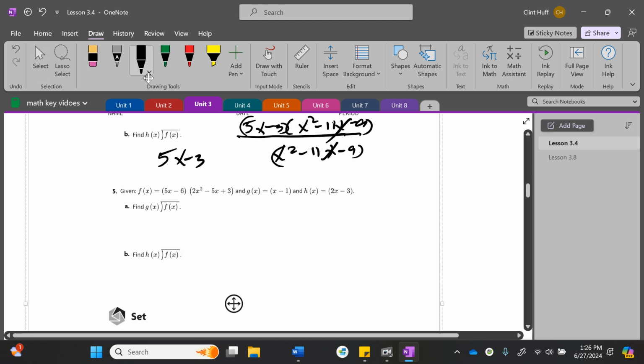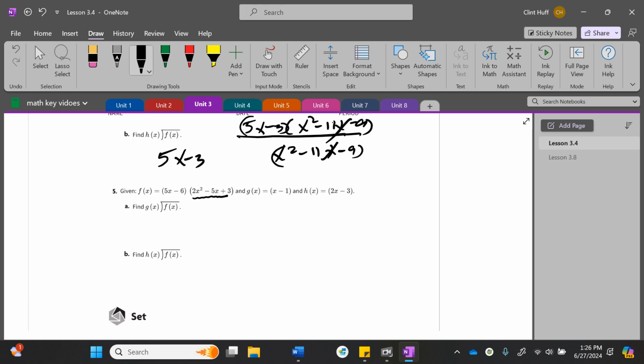Now on the next two problems, what we have to do is factor that expression, because the divisors are going to be h at x and g at x, which is x minus 1 and 2x minus 3, and I see neither of those in f at x. But if I take, on part A, the expression 10x squared minus 27x plus 18, and I factor that expression, I get 2x with 5x, and then I get a minus 3 with a minus 6, like that.